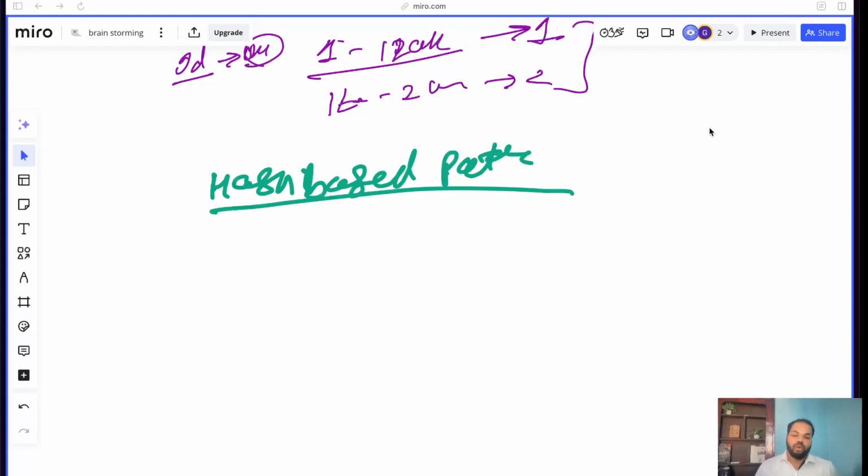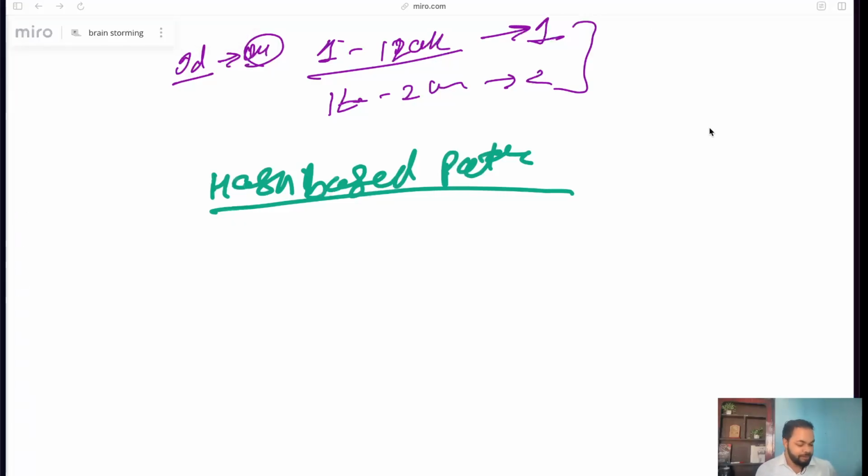And you don't know how to partition it using range based. You don't have a clear definition in your mind. Then you can use hash based partitioning. What happens in this partitioning is, it takes your partitioning key.